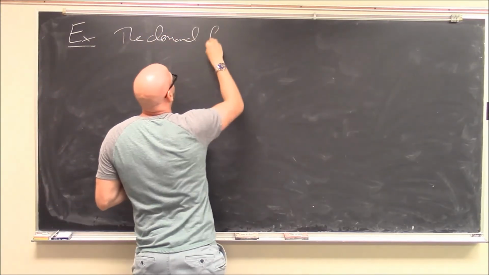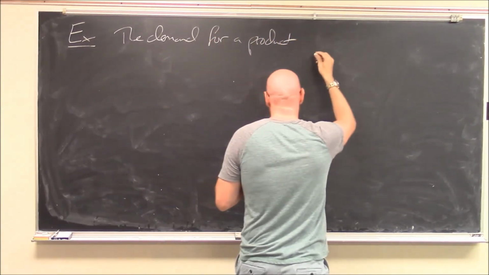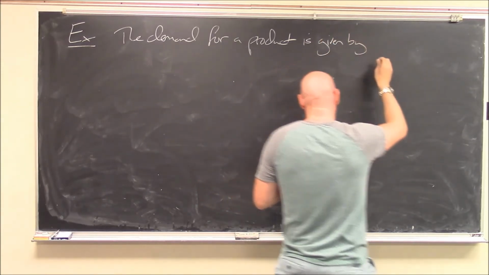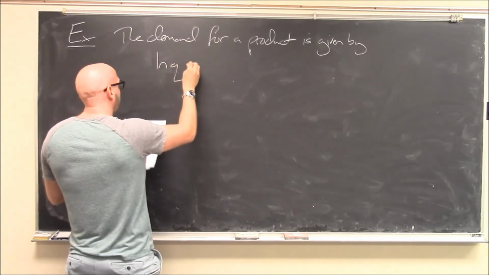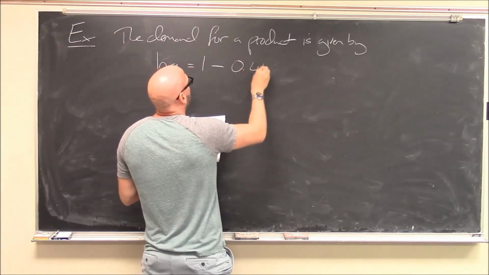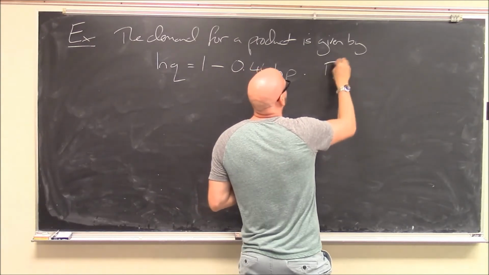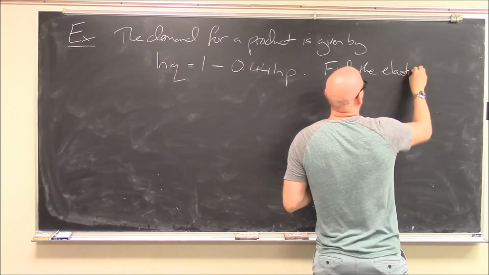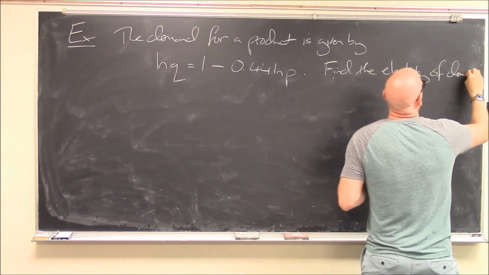The demand for a product is given by ln of q equals 1 minus 0.44 ln of p. The question is find the price elasticity of demand.